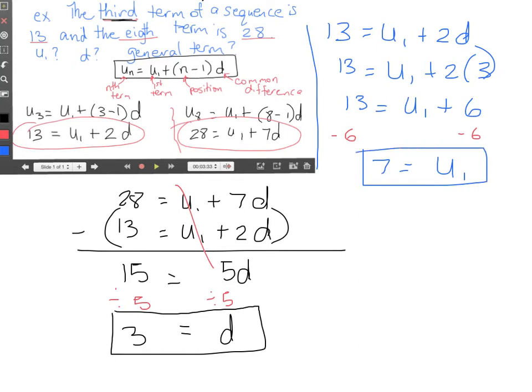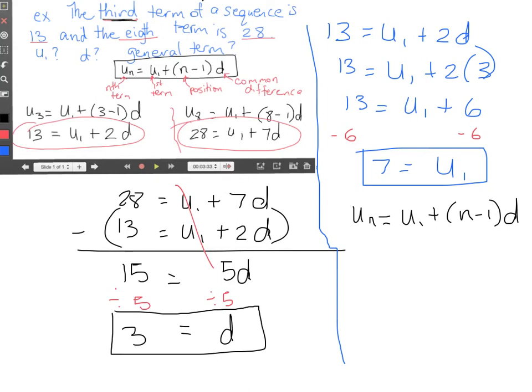Alright, so now we have 2 of the 3 things I asked for. We have our d value and we have our u1 value. Now it's time to get the general term of the sequence. The general term is just the formula for this particular sequence. So our general term is un equals u1 plus n minus 1 times d. We used it earlier in this video.